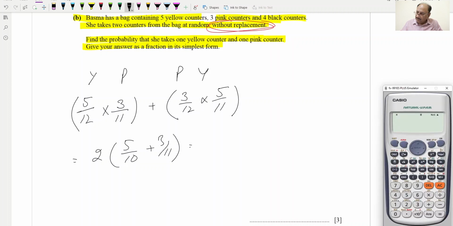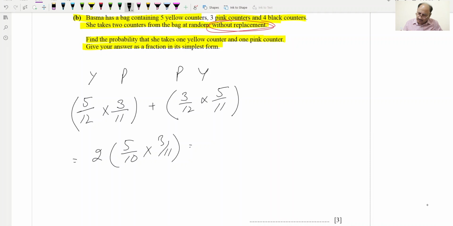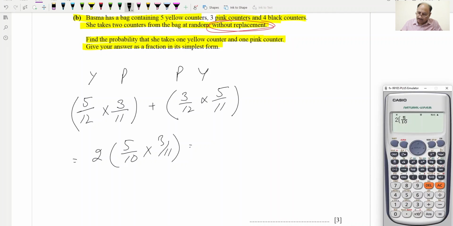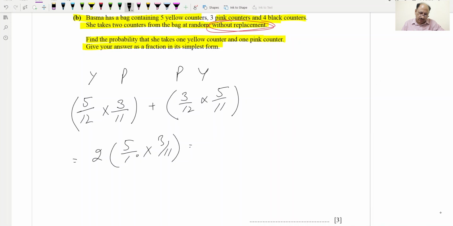Not plus, it should be multiplication. We are making some mistake because this should be 12.